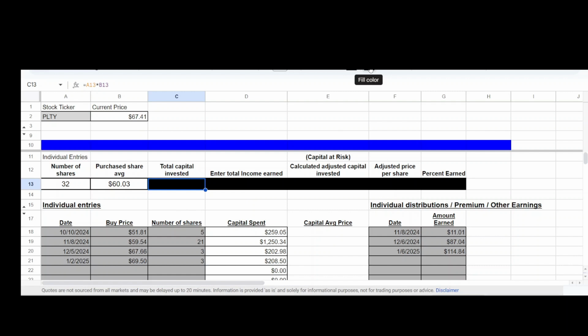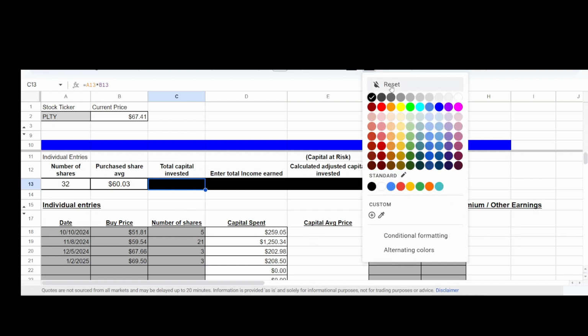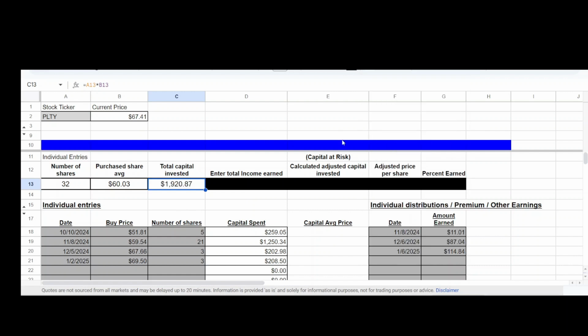That gives me the total capital invested of $1,920.87. So in my broker account, this is what I see as my average and total number of shares.